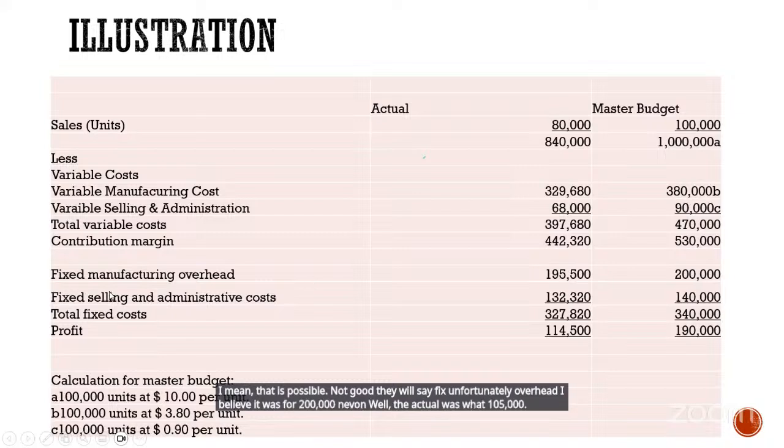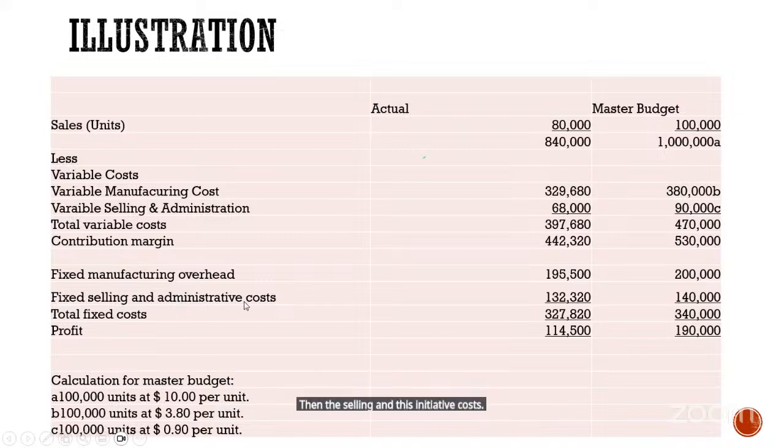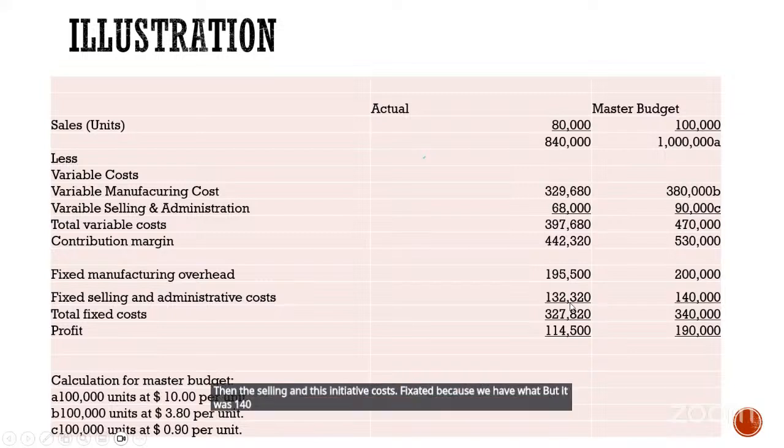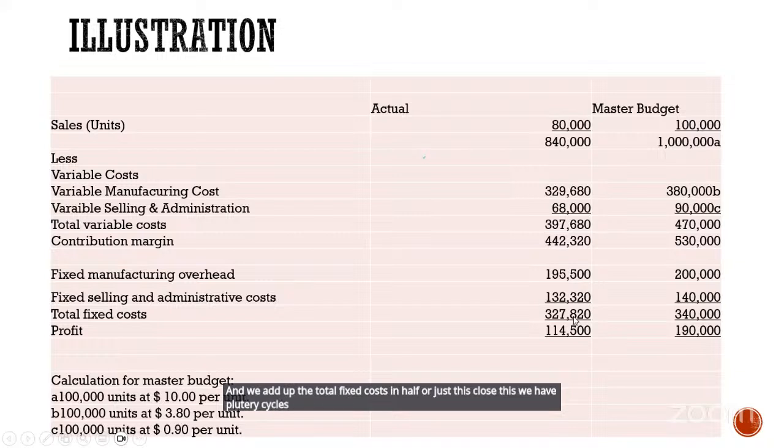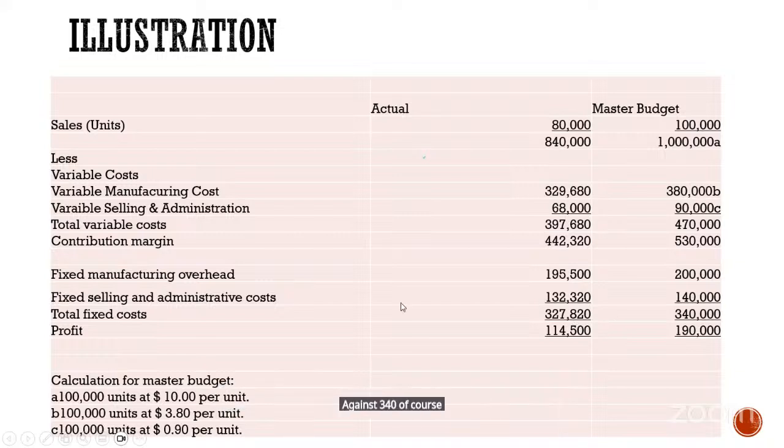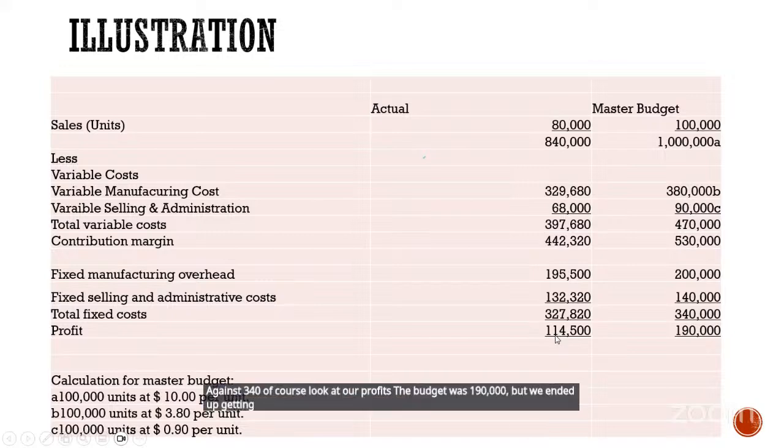Then fixed selling and administrative costs: budget was 140,000, but we ended up incurring 132,320. When you add up the total fixed cost, you have 327,830 against 340,000. Of course, look at our profit. The budgeted was 190,000, but we ended up getting 114,500. Let's look at this calculation.